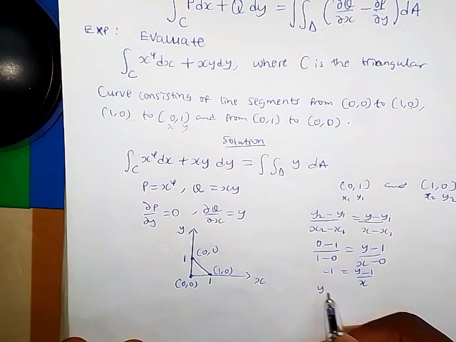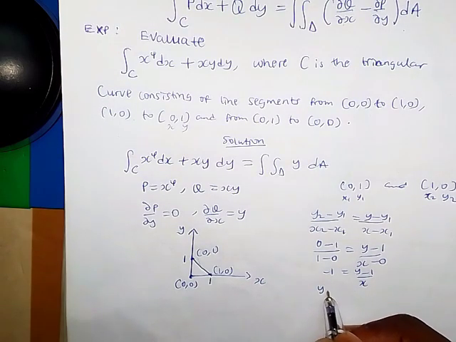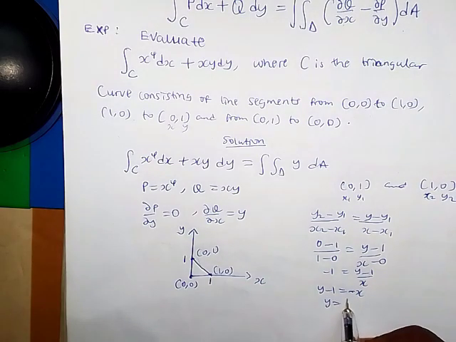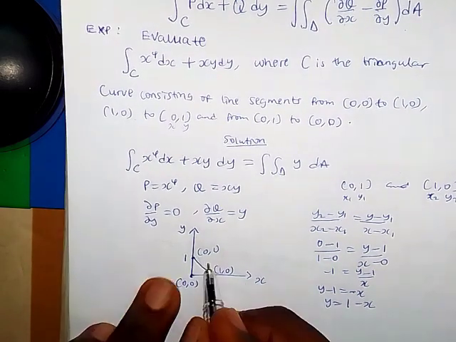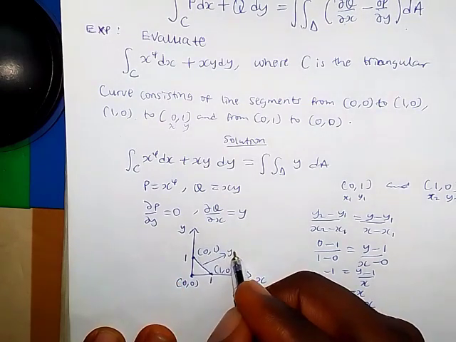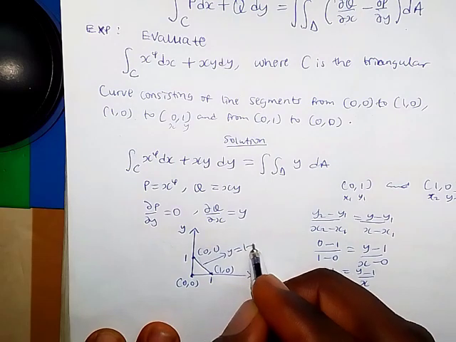Cross multiplying, y minus 1 equals minus x, which is the same as y equals 1 minus x.